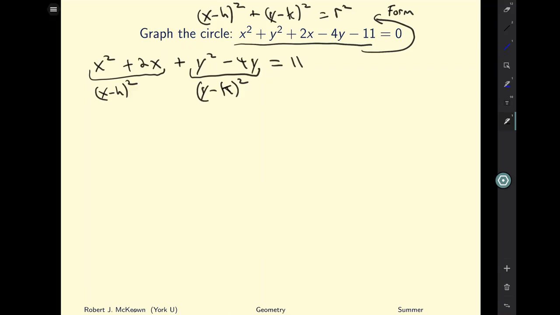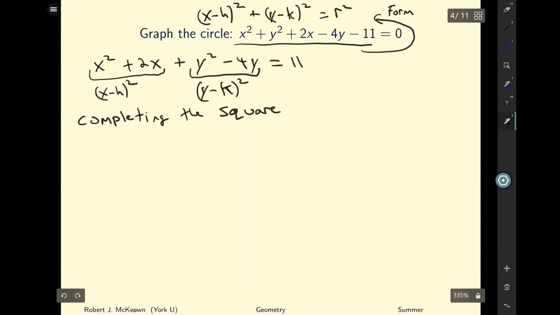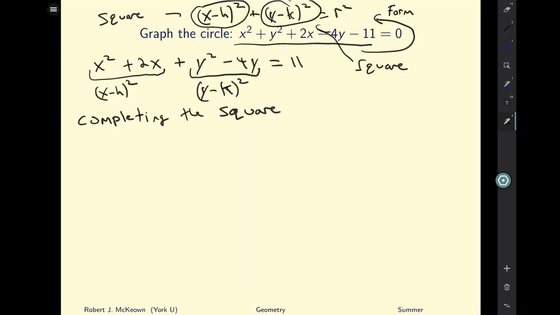Well, we're going to use a technique called completing the square. Notice that this thing up here is a square, and so is this over here. That's why they're squared. And so we're going to complete the square and turn this expression into something that looks like the equation of the circle that we want.